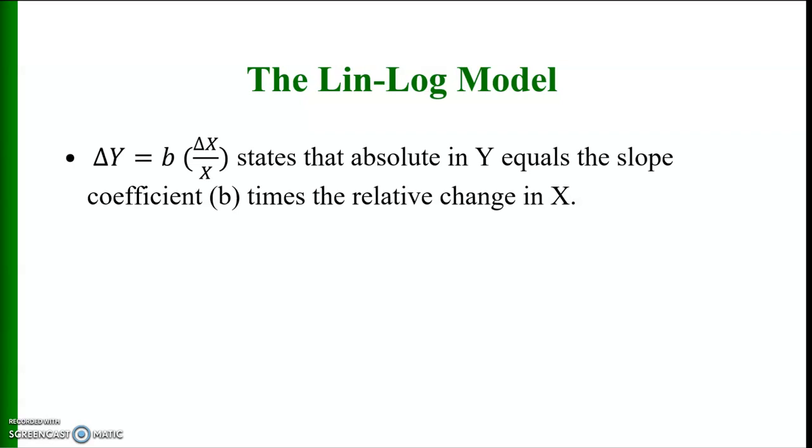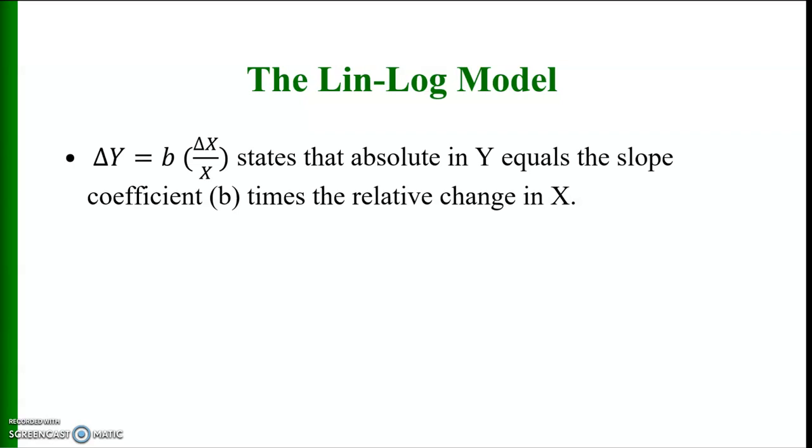The practical question is, when is a Lin-Log model like the above useful. An interesting application has been found in microeconomic theory, which is the so-called Engel Expenditure Model, which is named after the German statistician Ernst Engel.